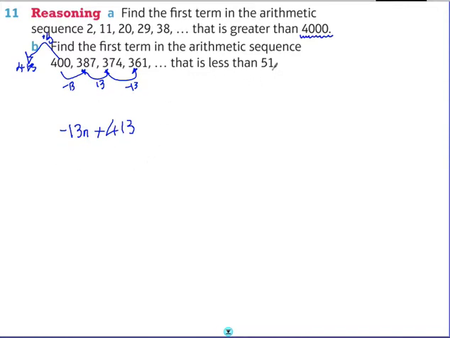equate this to 51, but it has to be less than 51. So when you do get a value for n, try the integers closest to it, one above and one below.